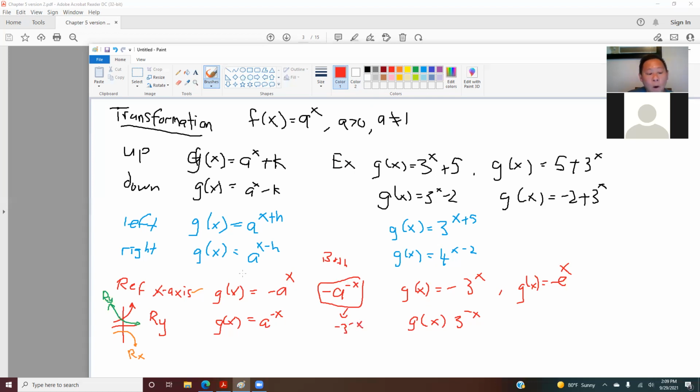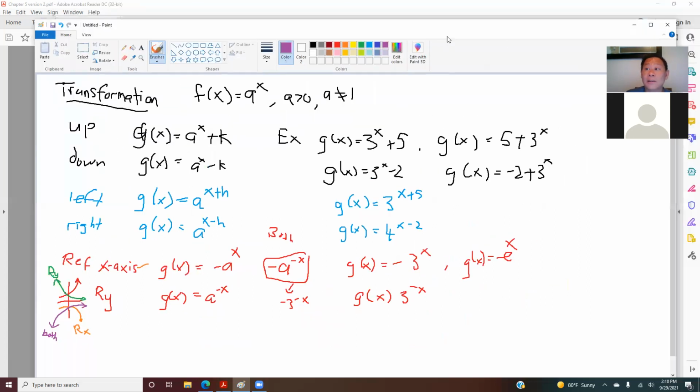If you have both reflections, then your graph will look like the purple one. You take either the green one or the orange one, and you reflect it, and you will get something like this. So the purple one is where you have reflections on both the x and y axis.